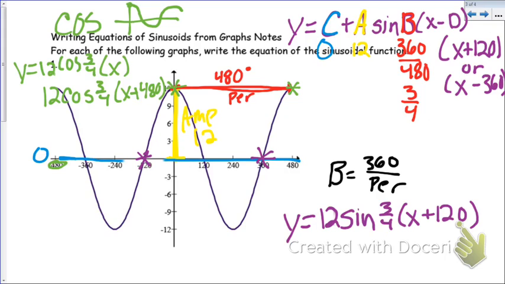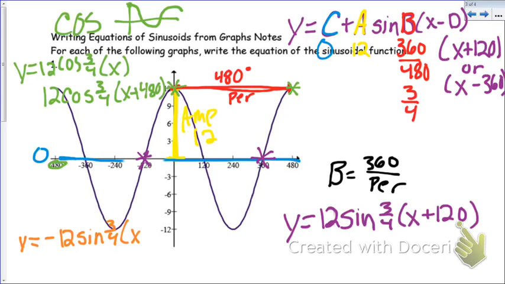One final change that you actually could do on this as well would be, what if I decide to write this graph as y equals negative 12 sine 3/4. So I would need to look for a phase shift for a negative sine function. The normal sine function starts at the middle and then goes up.